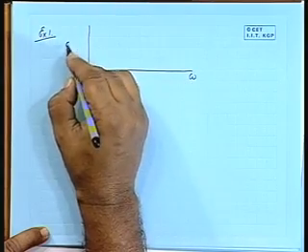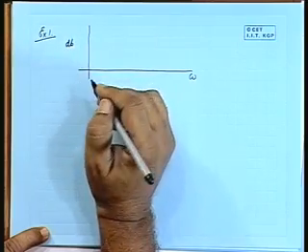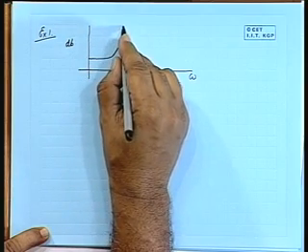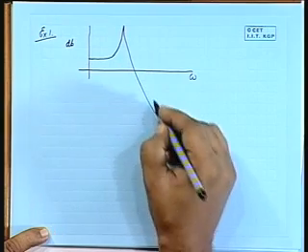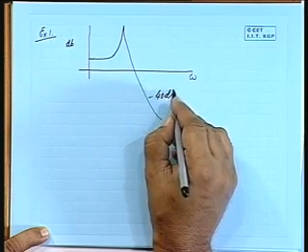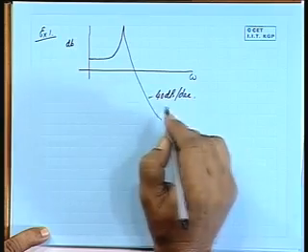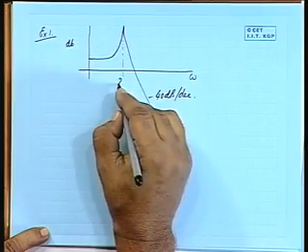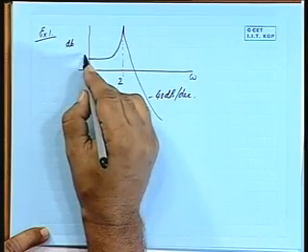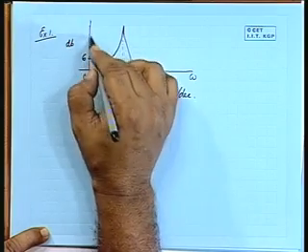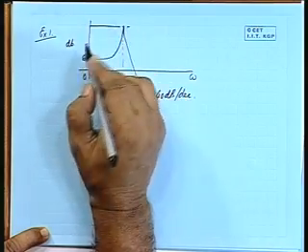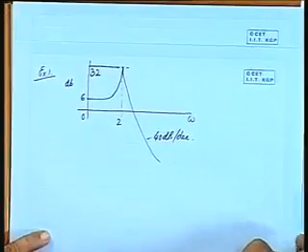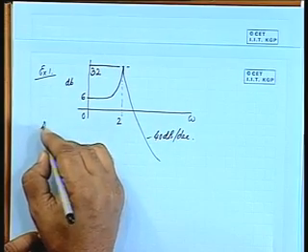You are given the dB gain, 20 log g, as this is 40 dB per decade, and this is given as 2. This is 0, this is 6 dB, and this is given as 32 dB. Okay. Determine GS.